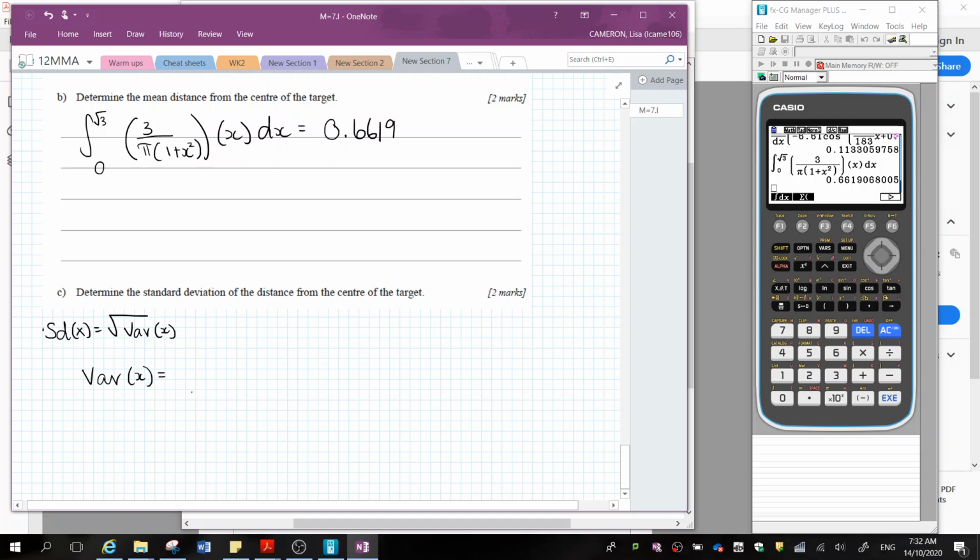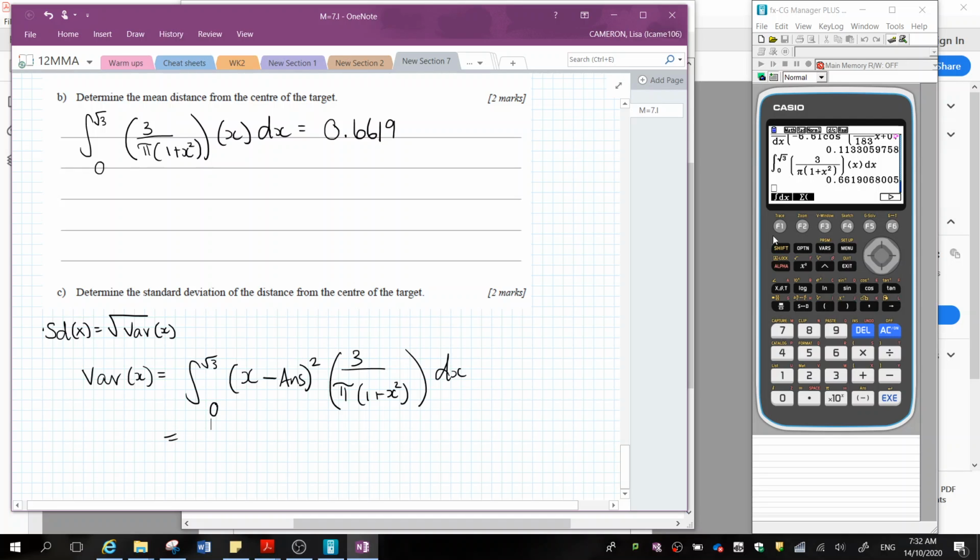Okay, so to calculate variance, if you look at the formula here, it tells you that you're going to integrate, still between 0 and root 3, x minus your answer from above. Like I said before, we're going to steal that answer. Okay, and then we are going to multiply it by your original function, dx equals.